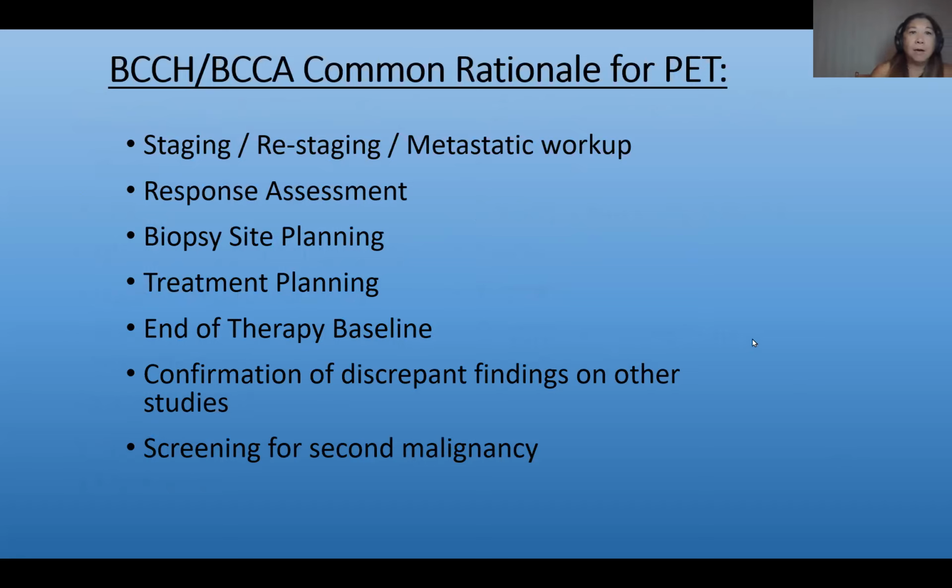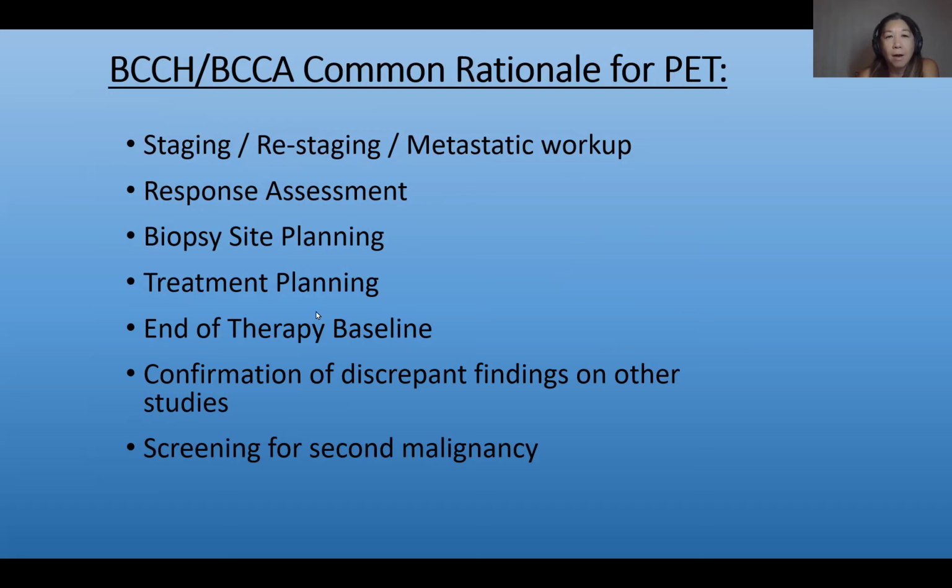So the common rationale for performing PET at BC Cancer Agency in conjunction with BC Children's Hospital includes using it for staging, restaging, and metastatic workup, to assess response, to assist in biopsy site planning. It can be used as well for treatment planning. They often will scan patients in PET-CT using the immobilization molds that will eventually be used to do the radiation treatment in these patients.